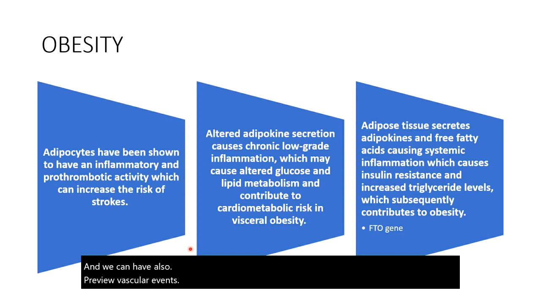Also, there are genes that are related with obesity, the FTO gene. Also, with cardiovascular events, we have myocardial infarction, but also an increased risk of strokes. Remember that when we have obesity, we also have elevation of lipids, cholesterol, VLDL, LDL, and elevated triglyceride levels.